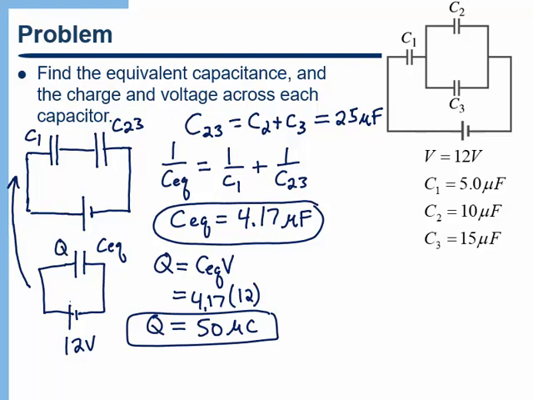Now, again, you're dead in the water here unless you remember how charges work for capacitors in series. What we've said is that the charge on each of these capacitors is the same and will be the same as on the one charge that replaces them. So notice that once you've found the charge on C equivalent, that is the charge on both C1 and C23.